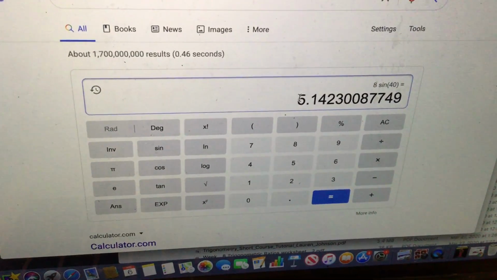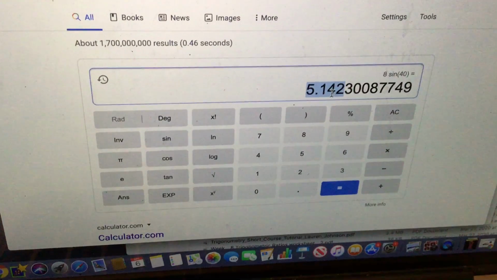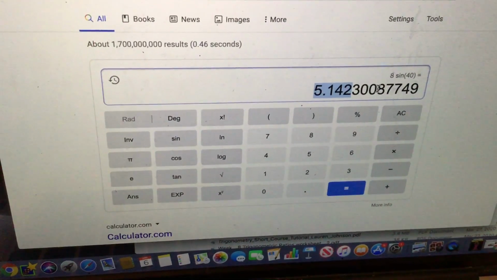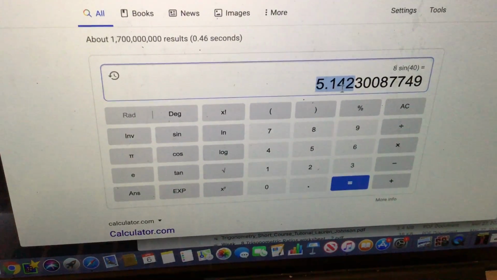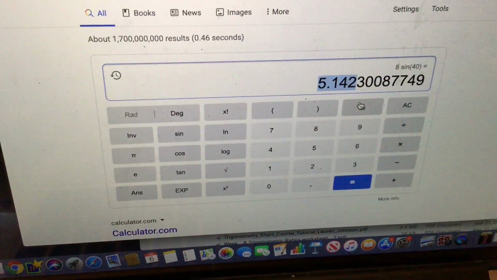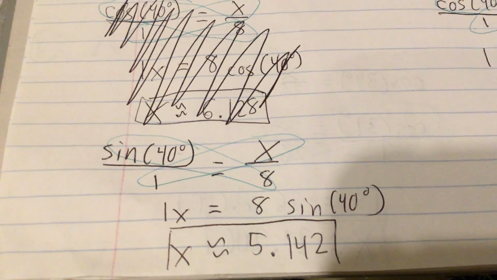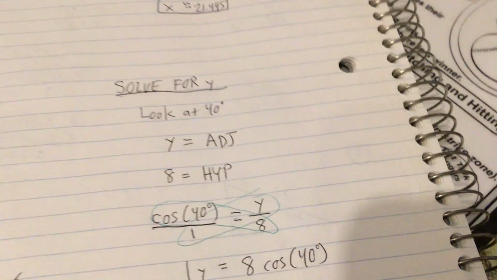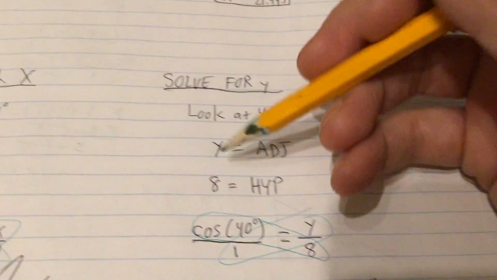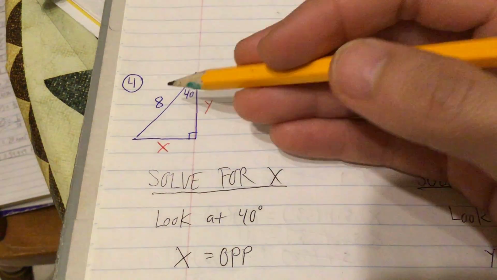So then I look at the first 3 decimal places, 5.1423, blah, blah, blah. But if I'm counting the first 3 decimal places, 142 and the 3 makes me round down. So x is approximately 5.142.